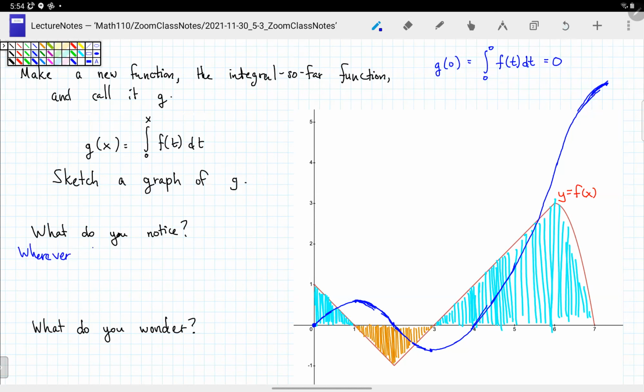Wherever f is positive, g is increasing. And similarly, where f was negative, I'm going to incrementally subtract some area from the integral. So if f is negative, then g is going to be decreasing.